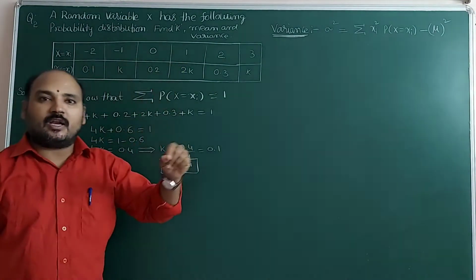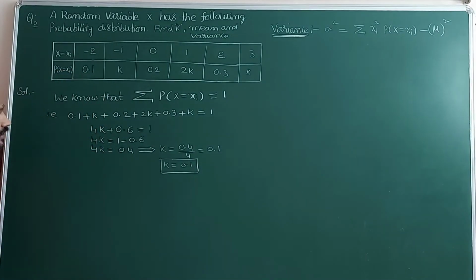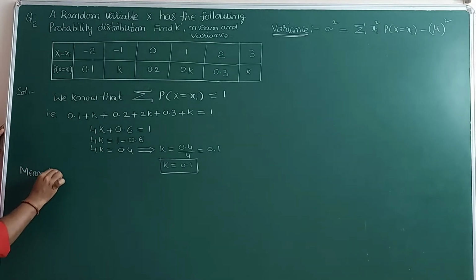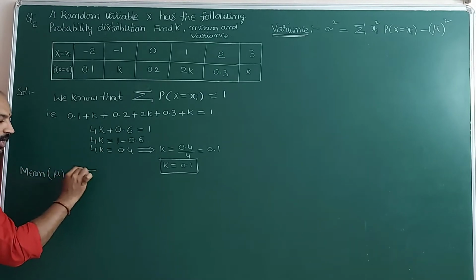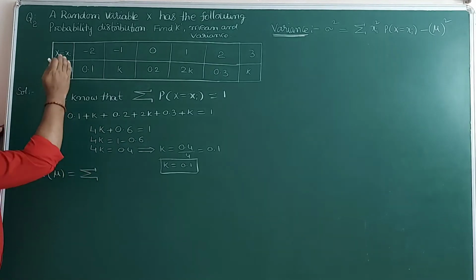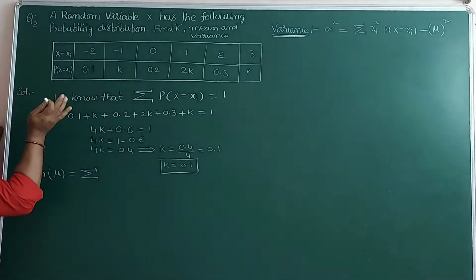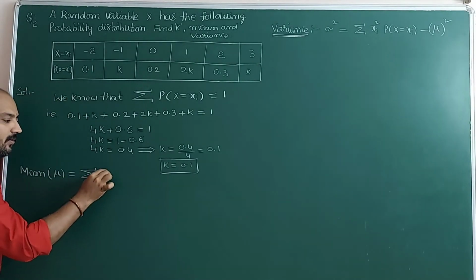Next, they are asking to calculate the mean of the random variable of the distribution. Simply write it as mean in brackets mu and write the formula sigma xi into p of x is equal to xi. That means variable into probability of the variable.